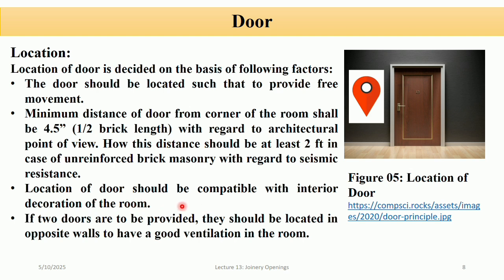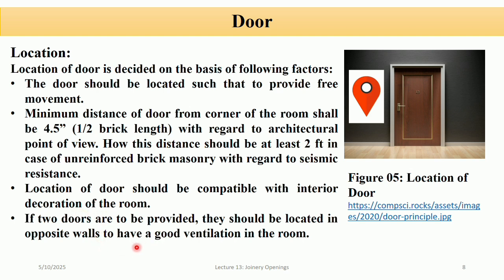A door should not interfere with furniture arrangement or utility layouts like switches or shelves. Placement should enhance the room's aesthetics and functionality. If two doors are required in a room, placing them in opposite or adjacent walls helps create effective cross ventilation.